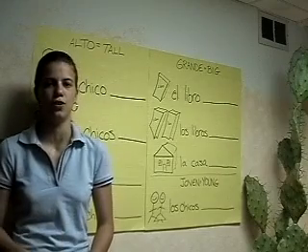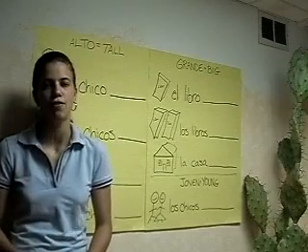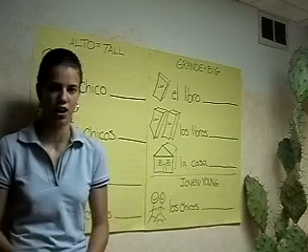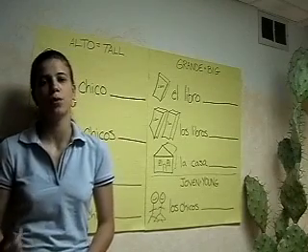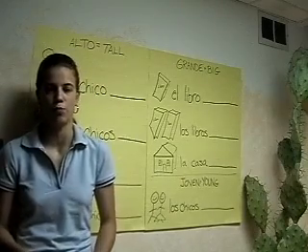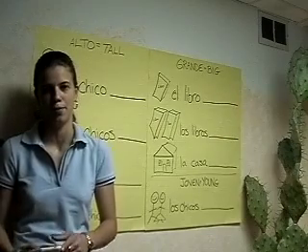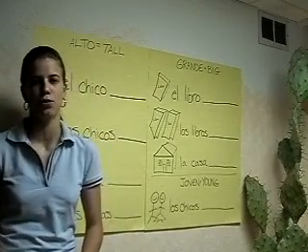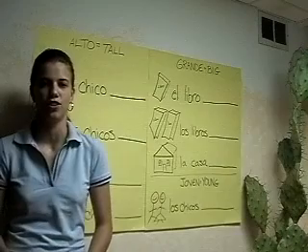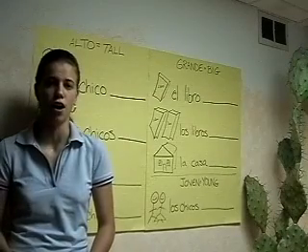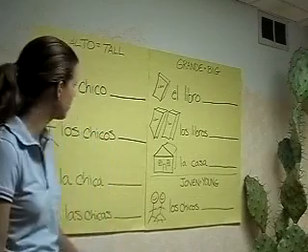The other thing to get used to is that adjectives have to agree in both gender and number. If you remember, we learned that nouns in Spanish have a gender and a number. And when we put adjectives with those nouns, we have to worry about what the gender and number of those nouns are. Let's look at some examples.